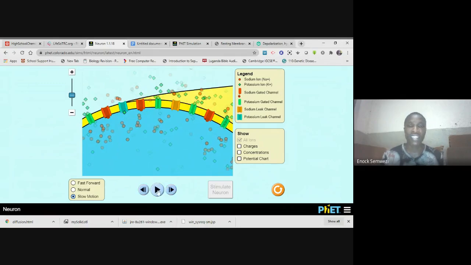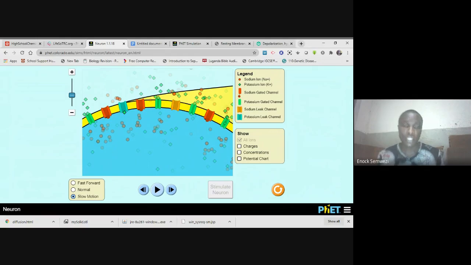So what does this cause? This means that the inside has an influx of positive ions from the sodium ions, and therefore there is immediate depolarization of the membrane.